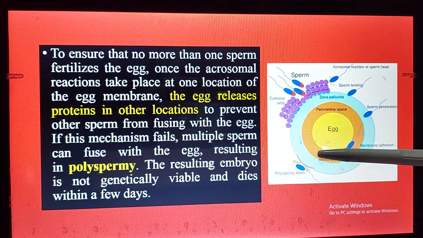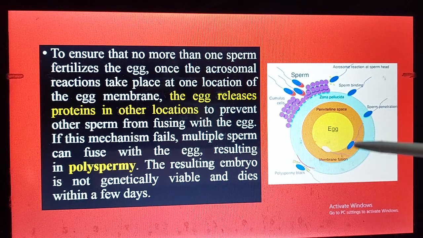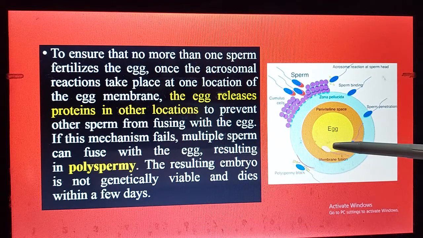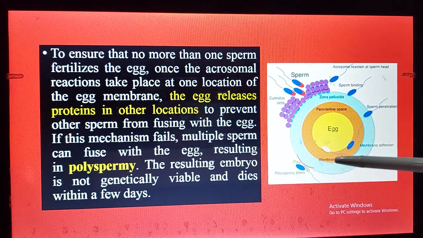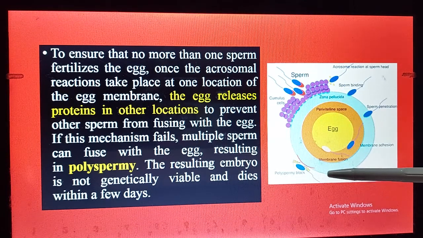You can see here when one sperm enters into the egg, the head of one sperm, the nucleus of the sperm, into the egg, then the egg releases such proteins which block the other sperms from entering.